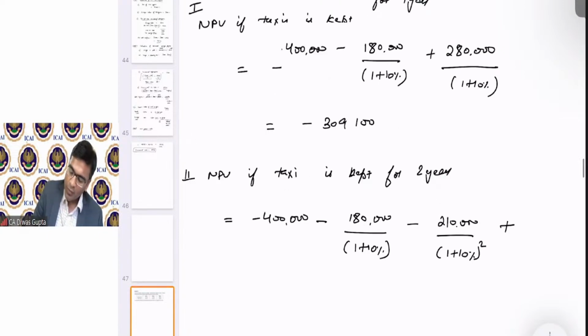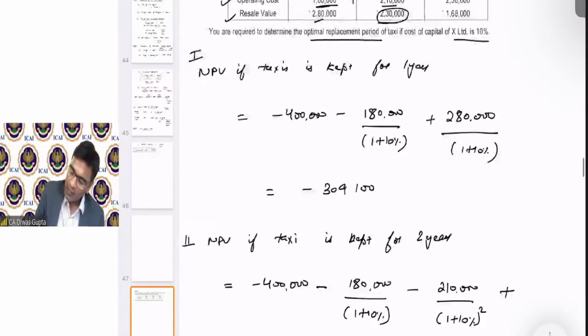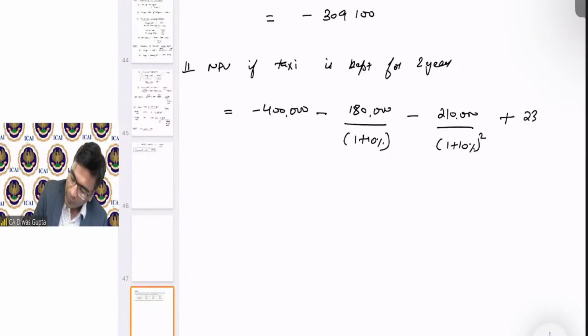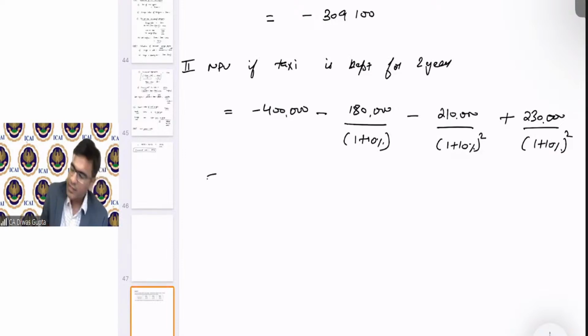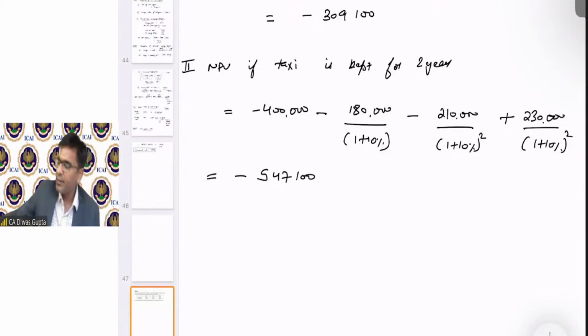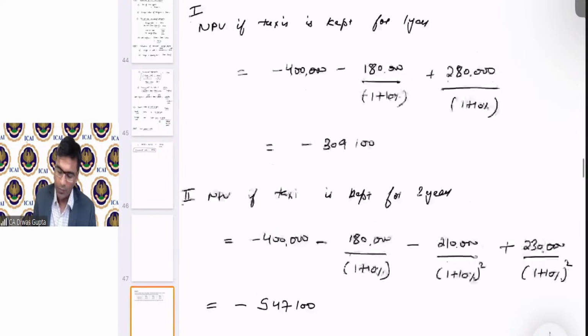And what is the amount that we will realize on the resale value? 2,30,000 over 1 plus 10% raised to the power 2. Okay, students, I hope this NPV calculation for year two is also clear. So this gives us the amount of minus 5,47,100. Okay, students, I hope this is clear till now.